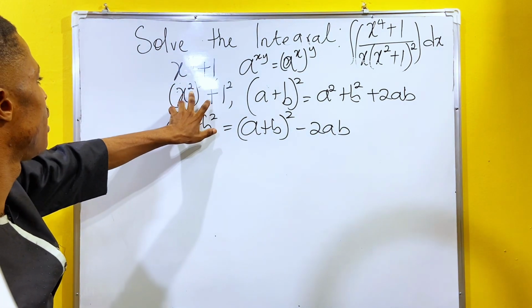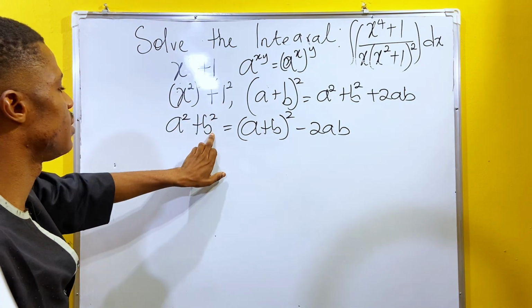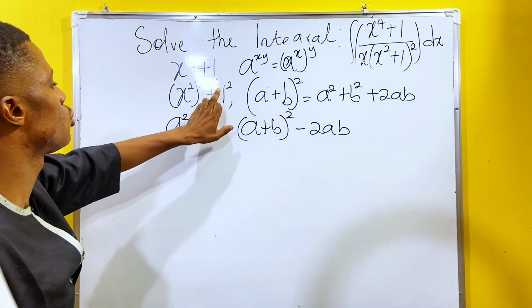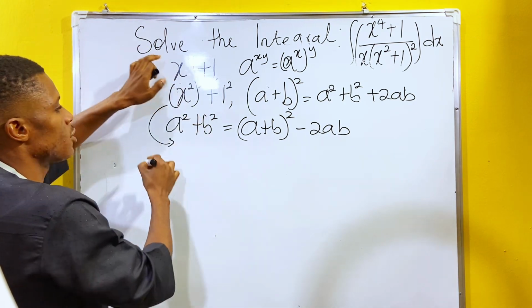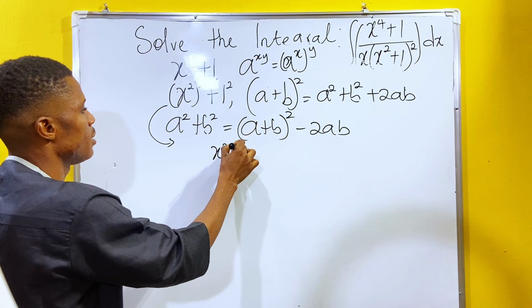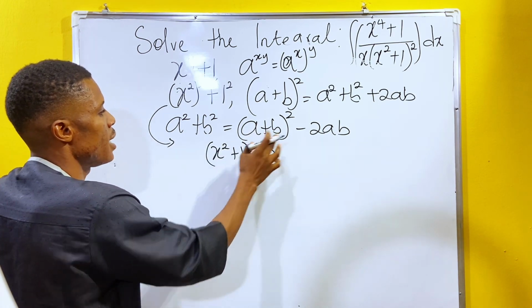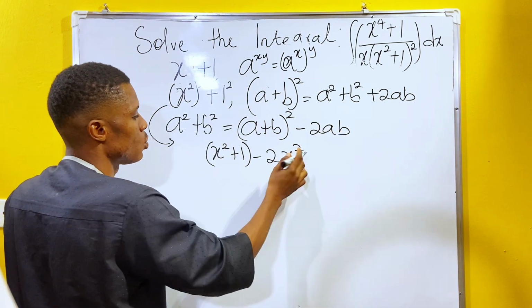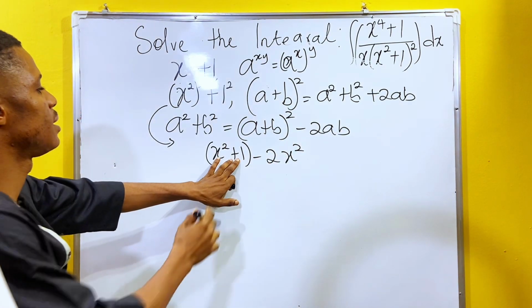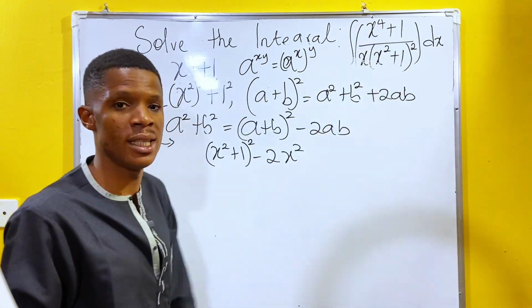But here, our x squared is serving as a, our 1 is serving as b. So we are going to put it back. Expanding this now will actually be x squared plus 1, minus 2. Our a is now x squared, then our b is 1. If you get this, we'll just put it in the integral.